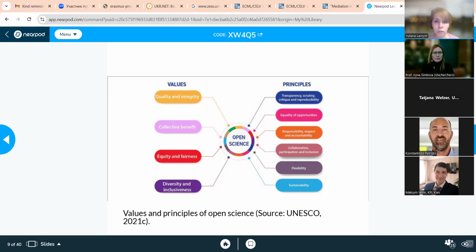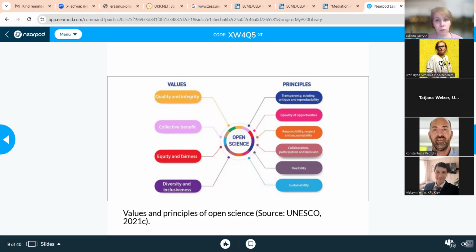Principles. So first you can see transparency, critique, and reproducibility. It means that you shouldn't be afraid that someone might tell you that this might be corrected, or maybe this statement is not that important, or maybe here is a possible mistake, just check and verify. All this critique is just to make your research and your paper better. We are full of our ideas and sometimes we can skip things. We are all humans, it's okay.